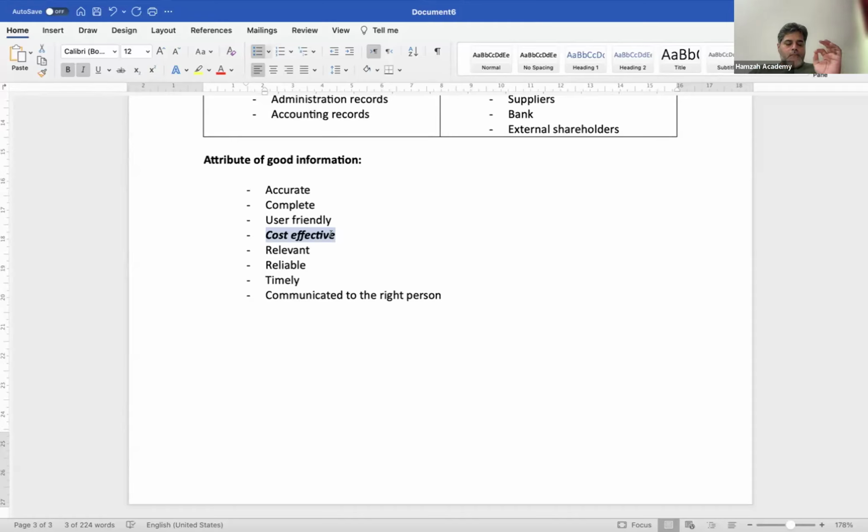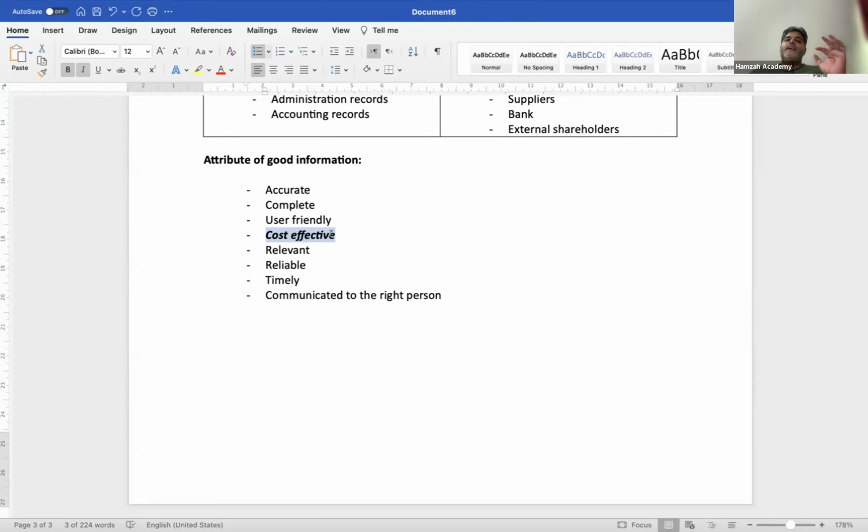That's it. Management accounting firmly believes in this point, that the cost you are going to incur to extract information out of something, the cost of information which you are going to bear to take it out, its benefit has to be higher than the cost, or the cost has to be lower than the benefit which you are going to get.